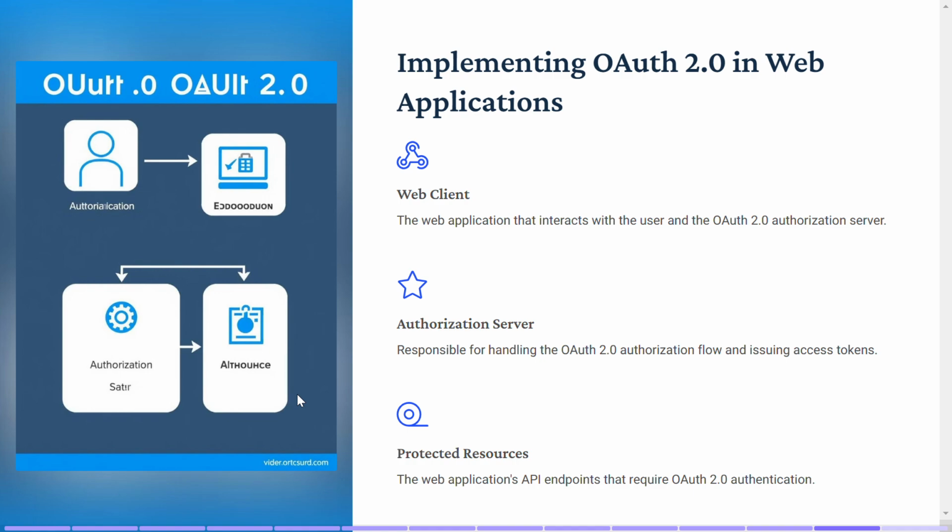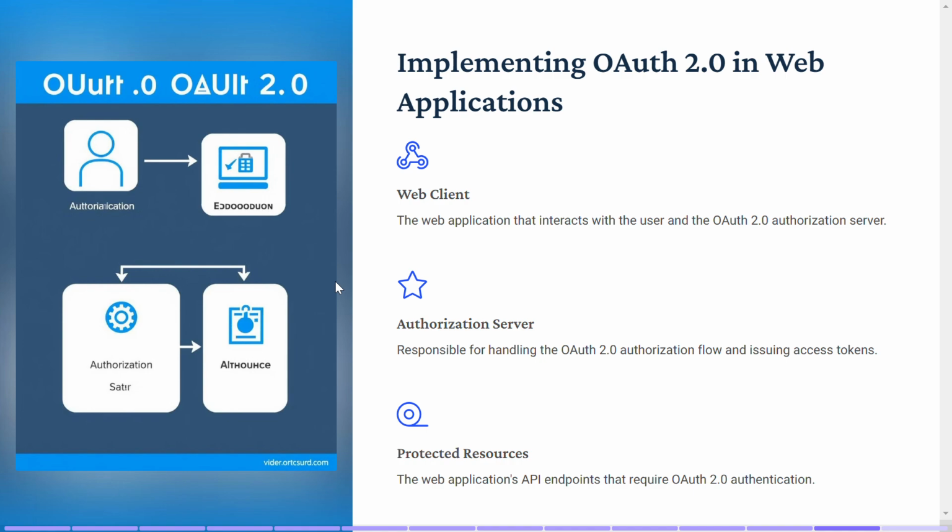Web client, that is, web applications that interact with the user, means we can access this OAuth 2.0 by interacting with the user, or we can authorize.